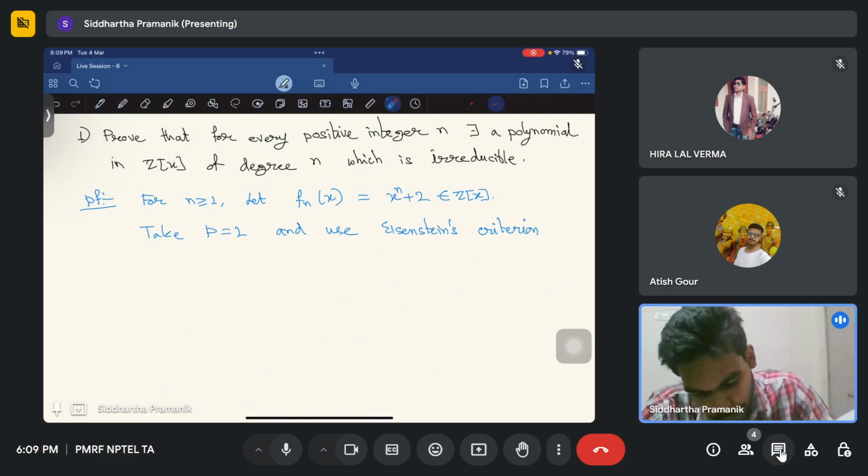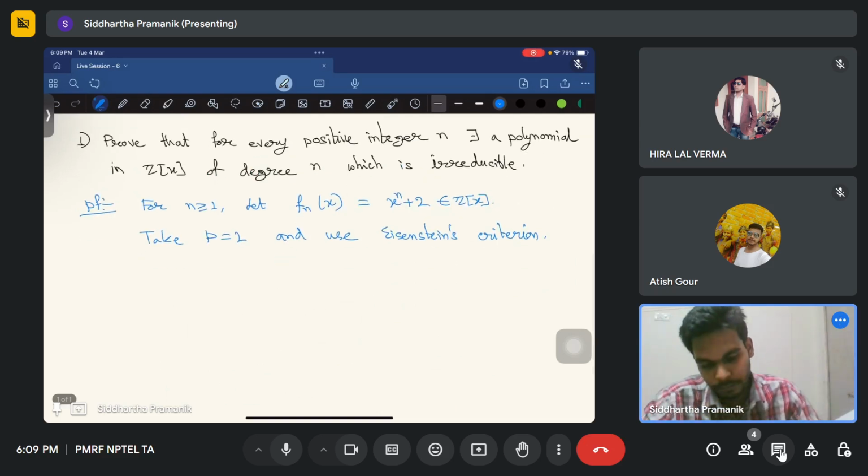Here 2 divides the constant term, but 2 does not divide the leading term, and 2 square, which is 4, does not divide the constant term. So by the Eisenstein criterion, it is irreducible over Z[X]. So this is very simple, but the result is very nice.